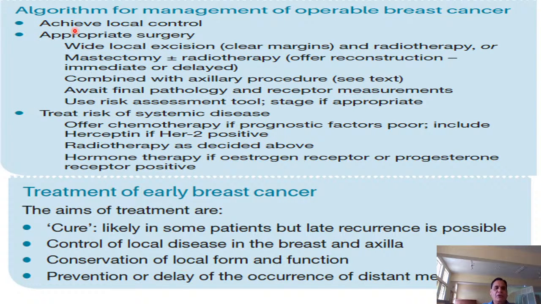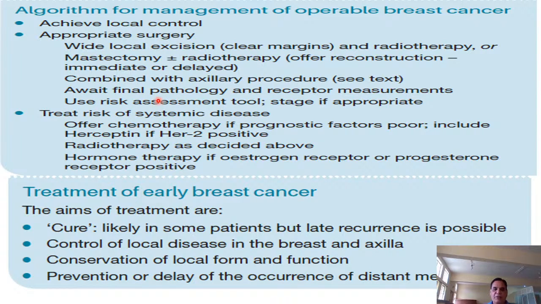I think we should concentrate on this graph from Bailey and Love, which gives us a very clear idea about the management. Algorithm for the management of operable breast cancer. You can remember this. Achieve local control by appropriate surgery. What is appropriate? Wide local excision, mastectomy plus radiotherapy, combined therapy, and wait for the final pathology and receptor status for management.